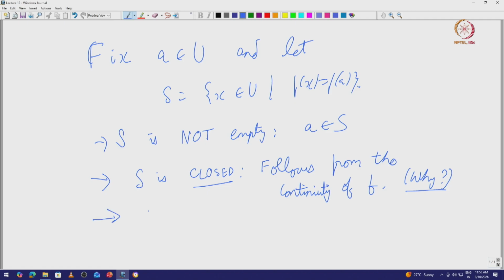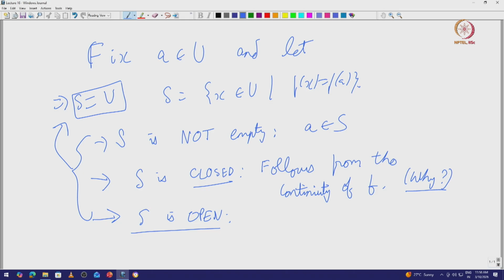What we shall prove is that S is open. If we accomplish this, then these three properties together with connectedness imply that S is all of U. Once again, why is that the case? Suppose S is not all of U. Suppose S misses something.